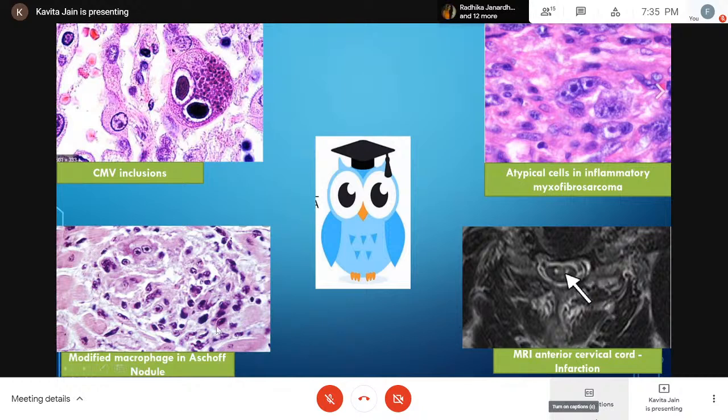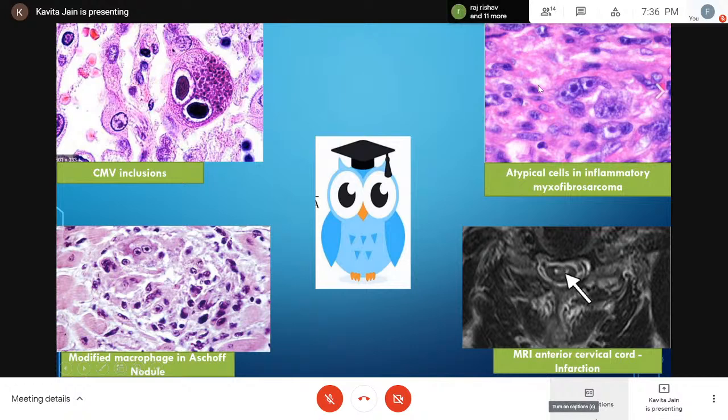Then the modified macrophages or Anitschkow cells in Aschoff nodules seen in rheumatic heart disease. Then pleomorphic atypical cells in inflammatory myxofibrosarcomas. And again in radiology, a case of cerebral hypoxia where the MRI reveals lentiform nuclei in basal ganglia, again having the appearance of an owl's eye.